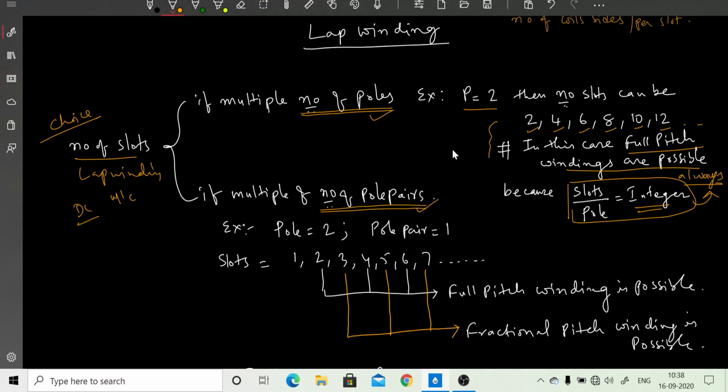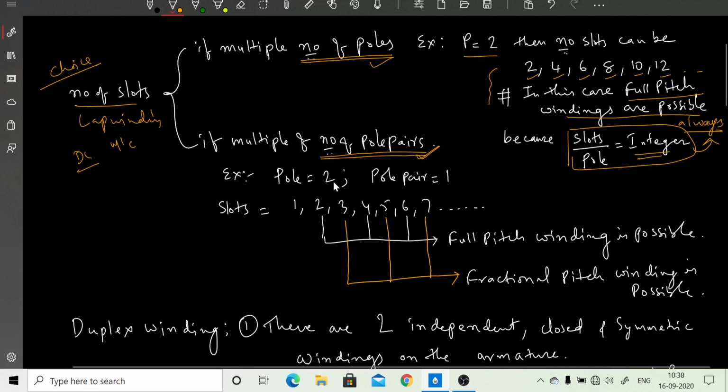But if the slots are chosen based on the number of pole pairs, for example, if I have a two pole machine, the number of pole pairs is equal to 1. Then I can choose the slots on the armature or rotor as a multiple of 1, that is 1, 2, 3, 4, 5, 6, 7 and so on.